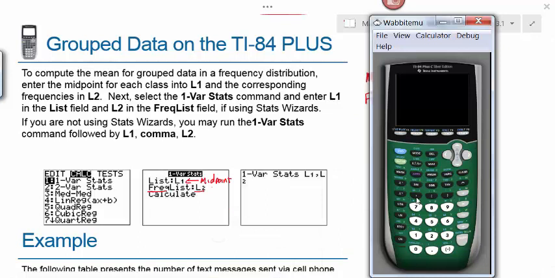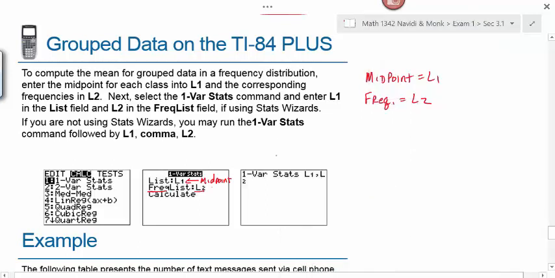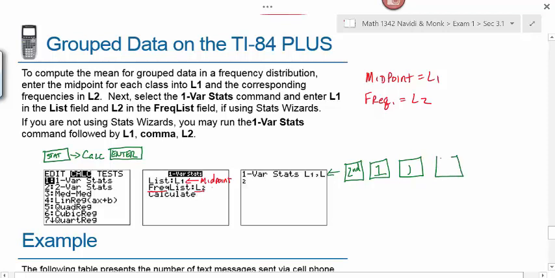The comma is right above the 7, and then you hit second 2 for L2. So the keystrokes here would be stat, scroll over to calculate, and then hit enter. If you have the older operating system, you hit second 1, there is a comma button on the calculator, and then second 2.